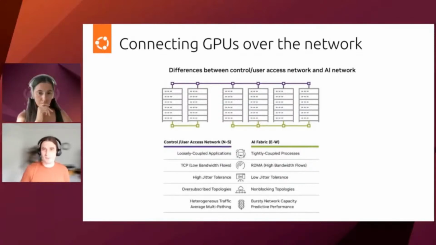The difference between the network that is being used for usual Kubernetes workloads and the AI/ML workloads is that, like you can see here, the normal Kubernetes workloads are mostly loosely coupled. Those are loosely coupled applications that just speak to each other more often than not over HTTP.